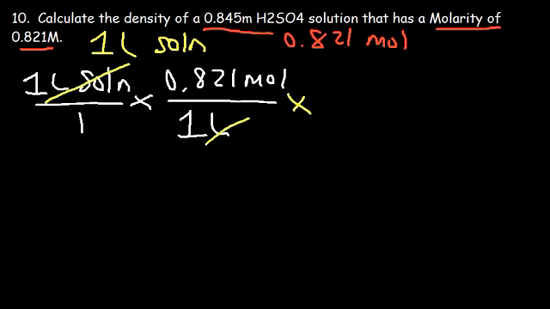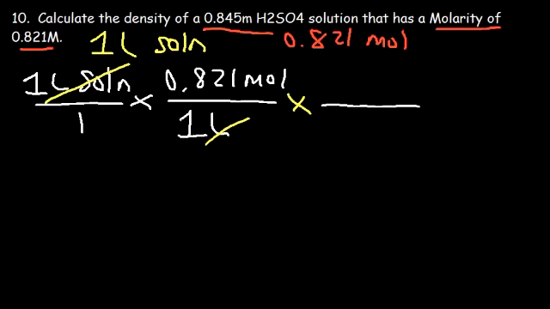And once we have moles of H2SO4, we can convert that into grams. So the molar mass of H2SO4: for hydrogen it's 1.008 times 2, for sulfur it's 32.06, and then plus 16 for oxygen, but you got to multiply that by 4 since there's 4 oxygen atoms.